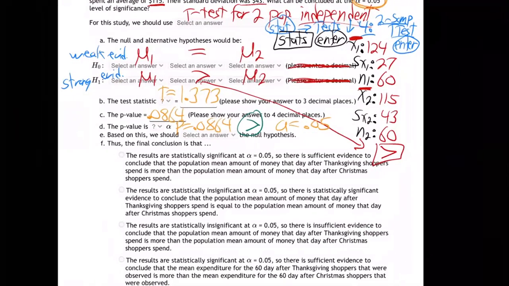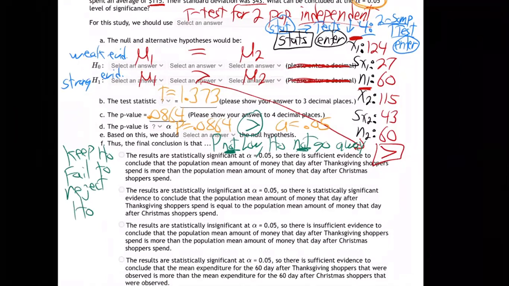So in my case, p is not low, H0 does not go away. So I'm going to keep H0, meaning fail to reject H0.